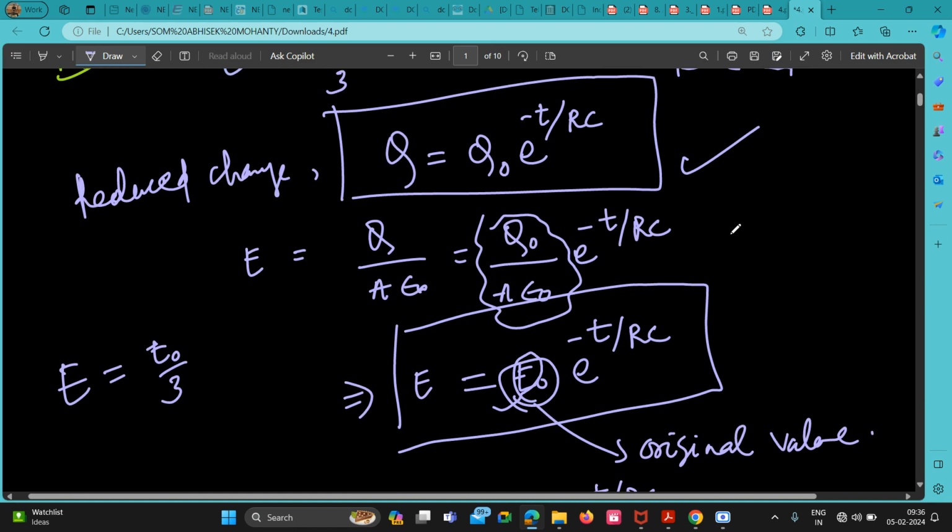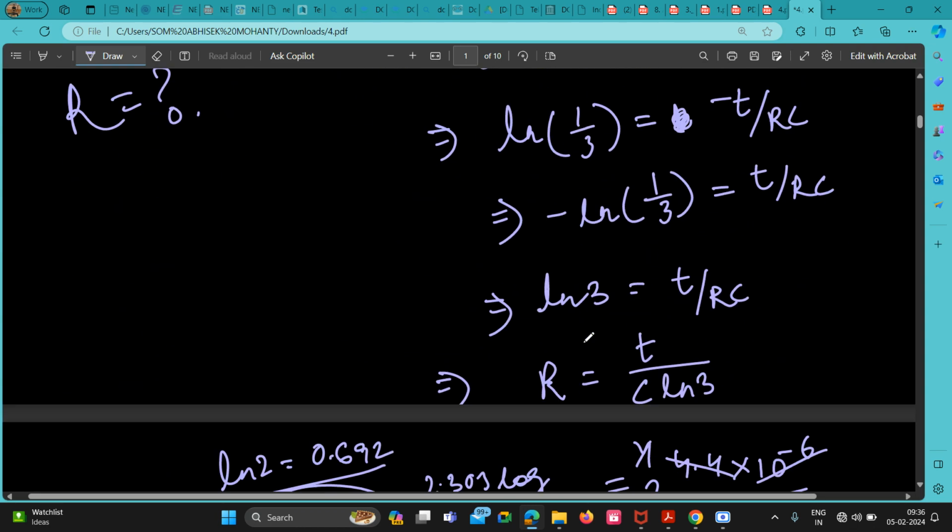Electric field is Q by A epsilon naught. That is the formula. Q naught by A epsilon naught can be written as E naught. In that way you can proceed with this question.